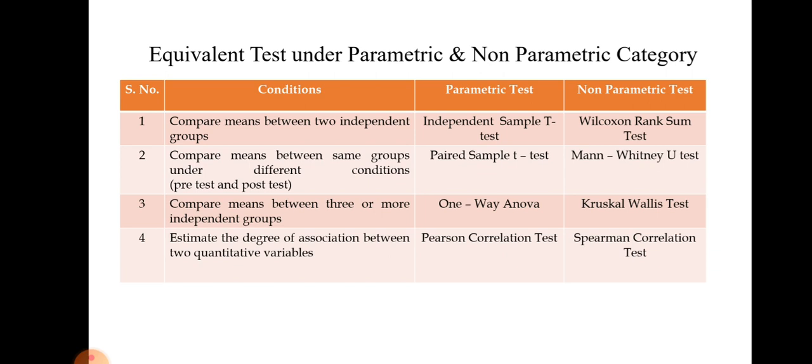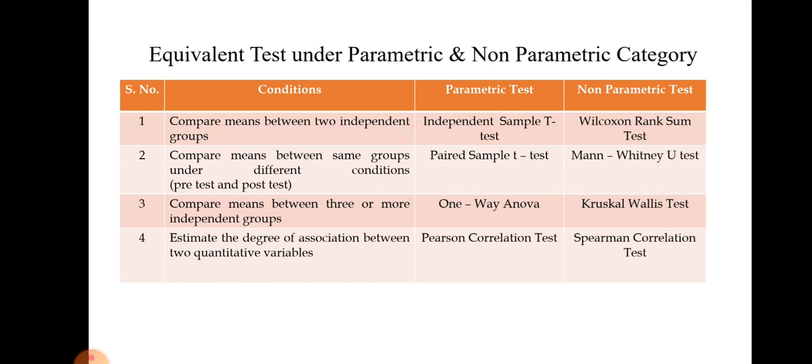The fourth is when we have to estimate the degree of association between two quantitative variables. When we have to test how much the variables are associated with each other, under parametric test we call it the Pearson correlation test.